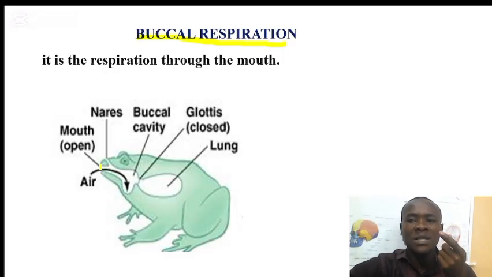And after this process, it will now raise the floor of the mouth, and this air will be forced to move out through the nostril to the outside. But mind you, this process is being done mostly when the toad is at rest.